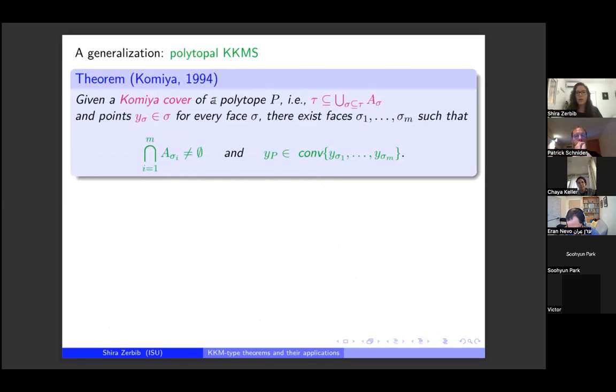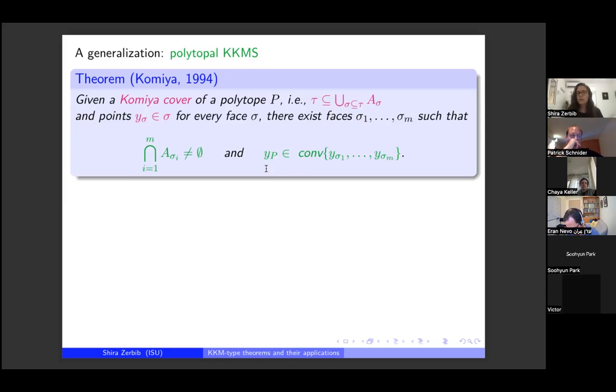So given a Komiya cover of an n-dimensional polytope P, and to be a Komiya cover is again the same thing: every face tau of P is contained in the union of the A sigmas, where sigma is a subface of tau. And given any points y sigma in sigma, for any face sigma, then we can find faces sigma 1 to sigma m of P, such that the corresponding sets A sigma i intersect.